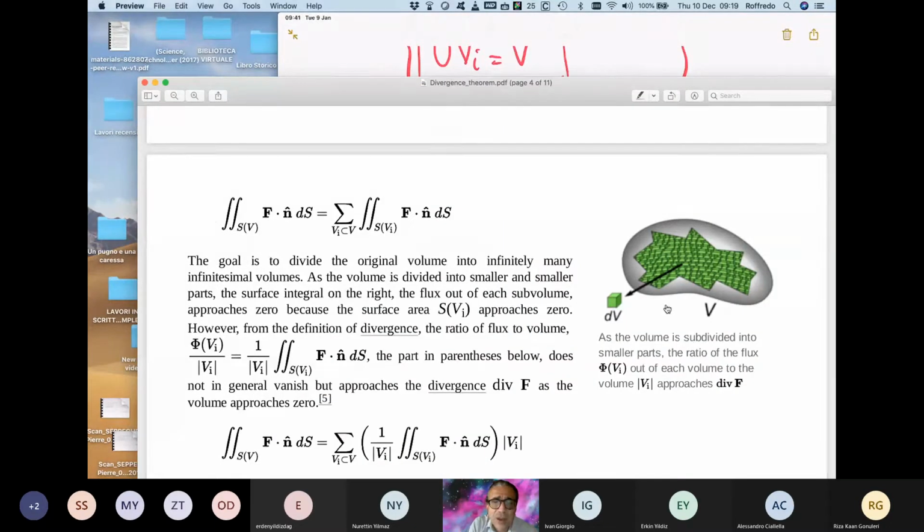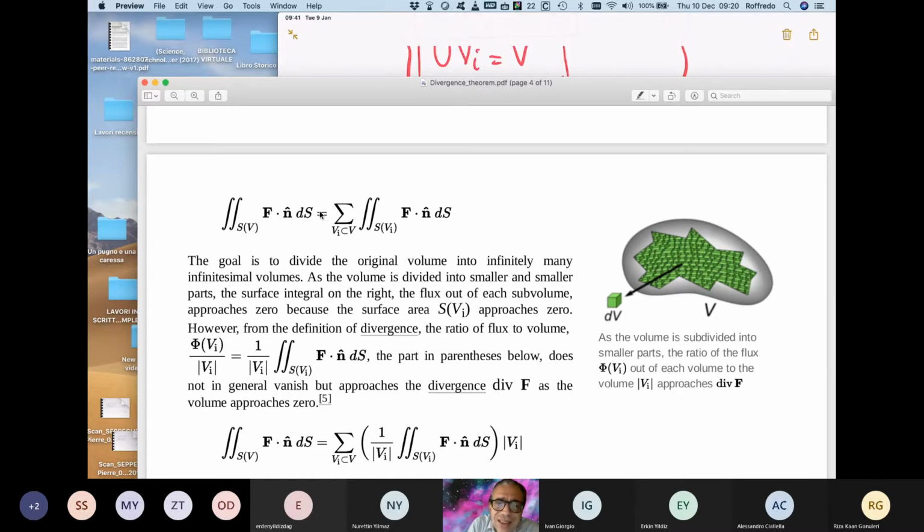represented by this picture and by this equality. So the integral over the whole surface boundary of the volume V of phi dot n is the summation over every cube in this partition of the flux through the cube.